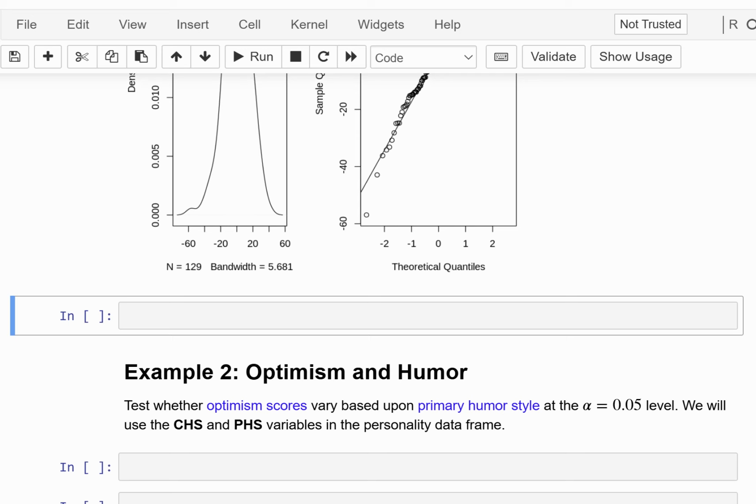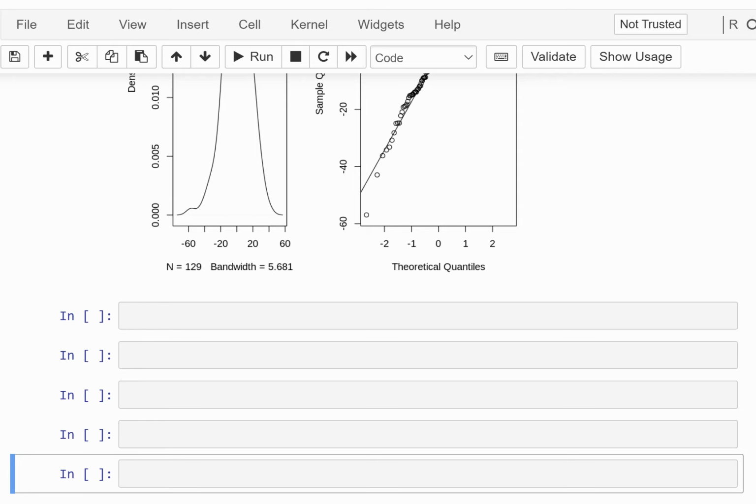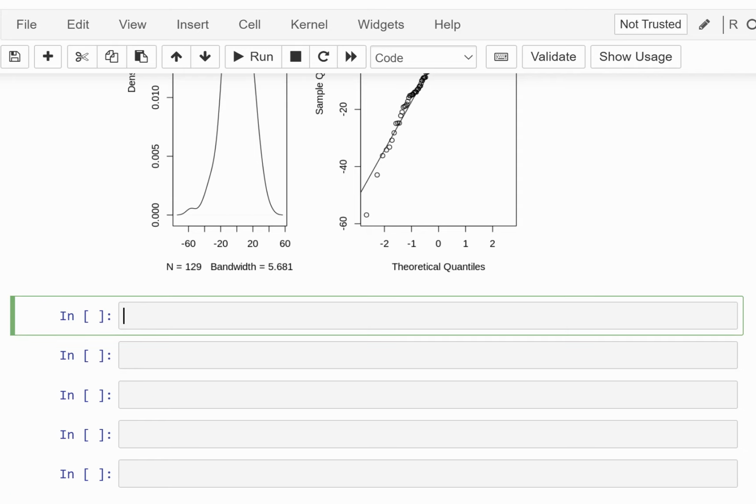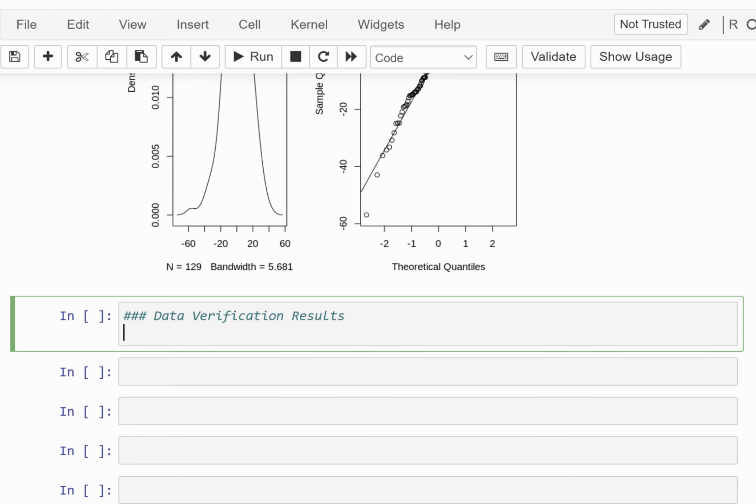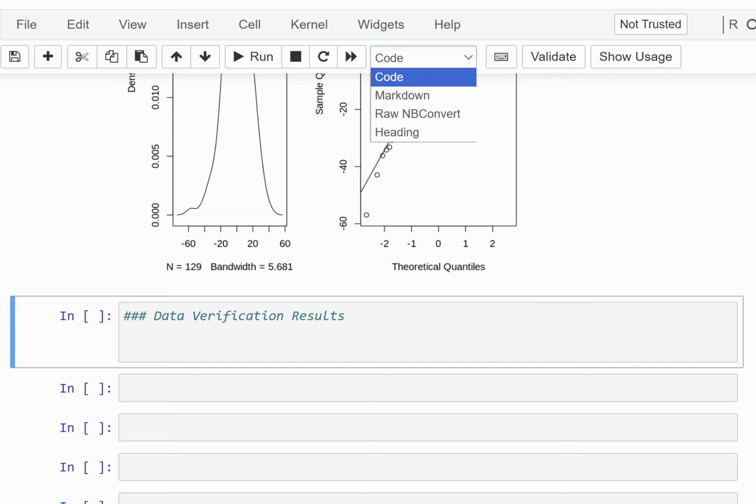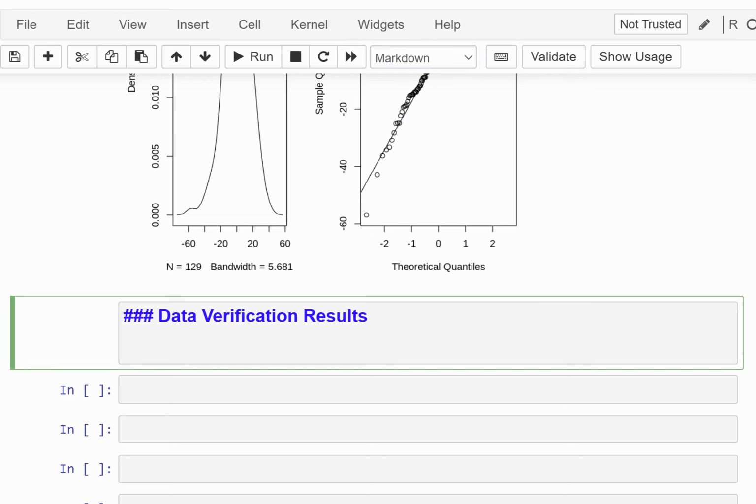Sorry about that slip up. What am I going to say here? First of all, I'm going to get some more space open. But I'm going to say, for the data verification results, that these data are appropriate for ANOVA procedures.